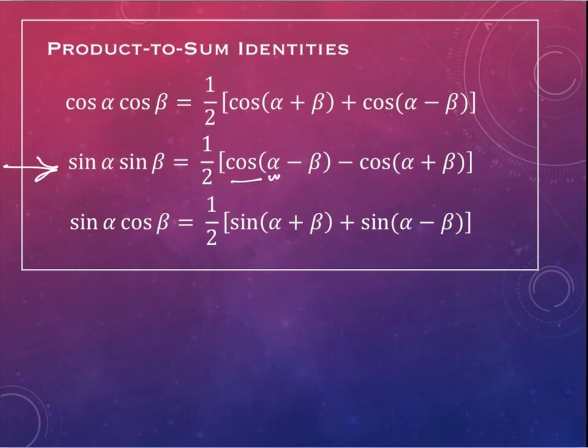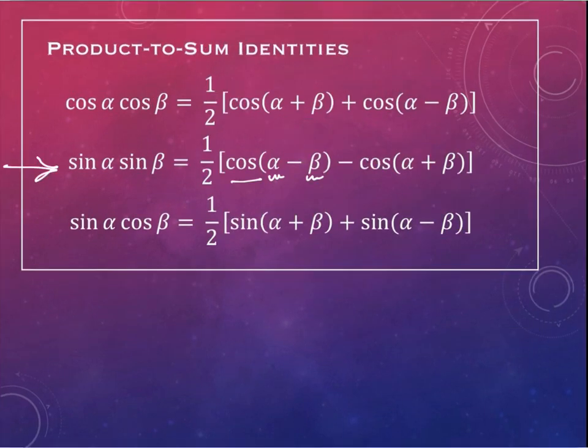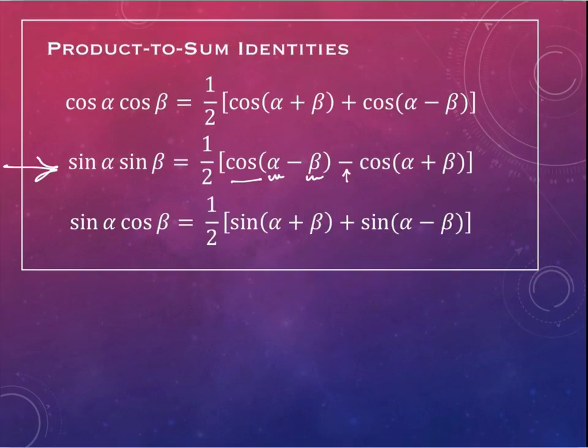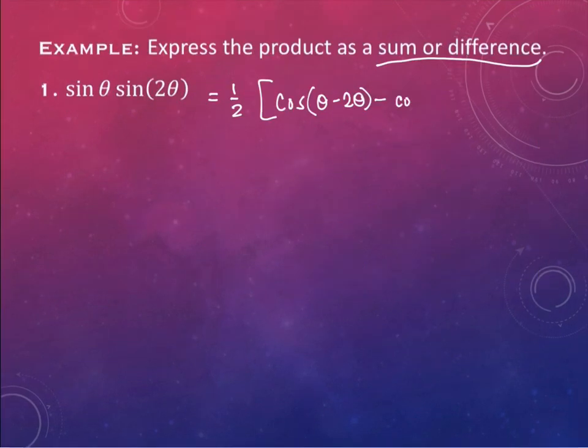It says I'm going to subtract alpha minus beta. Okay, so they're just in order. The first angle minus the second angle. So our first angle is theta, minus our second angle is 2 theta. And then it says I subtract. I've got another cosine, and my angles are added. So this is now the cosine, and the angles are added together.